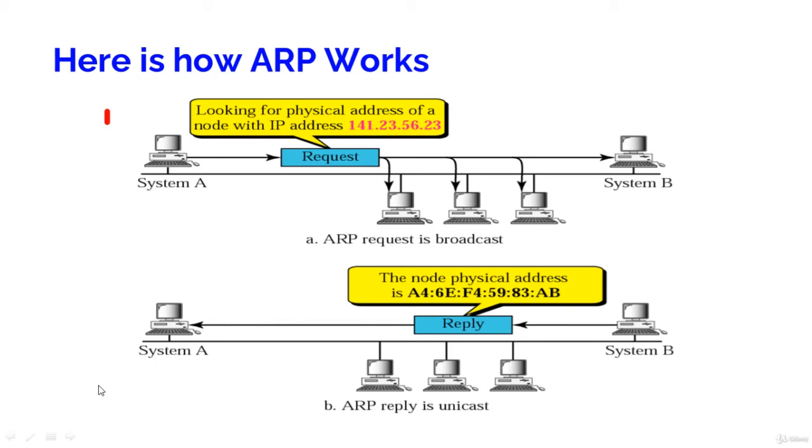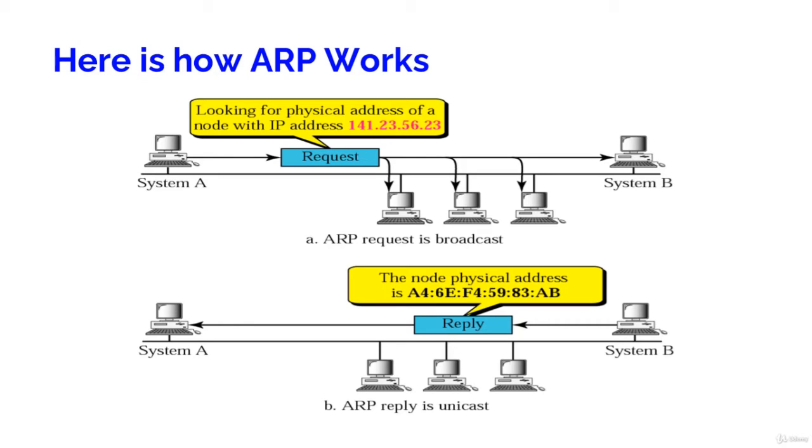Step 1. When a source device wants to communicate with another device, source device checks its ARP table to find if it has already resolved a MAC address of the destination device. For example, in the picture, System A wants to communicate with System B, and therefore first it searches in its ARP table whether it has the MAC address of System B. Step 2.